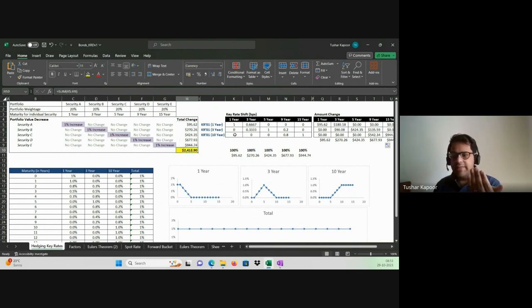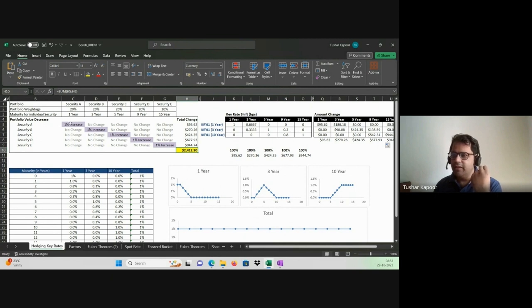When we try to break this thing down into KR01s, which is key rate 01 with a 1 basis point change, or a 1% change rather, I can also call this KRD01s if that helps.